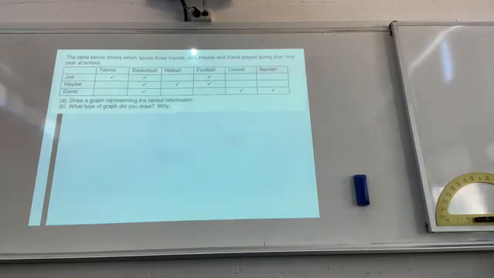All right, come to exam style question. The table below shows which sports 3 friends, Joe, Haley, and David, played during their final year at school. Now, if you think about this, can you actually represent this as a bipartite graph or a type of graph? You know the sports: tennis, basketball, netball, football, cricket, and squash.